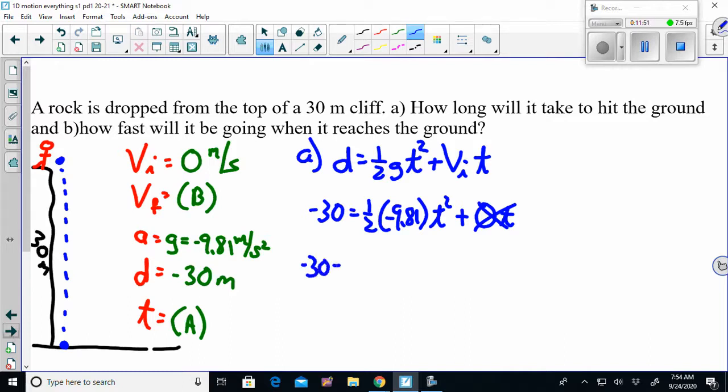Negative 30 equals negative 4.905 t squared. Ooh, I'm going to need a calculator for this one. So t squared equals negative 30 divided by negative 4.905. So the negatives are going to cancel out. And now I need a calculator for the rest of that.